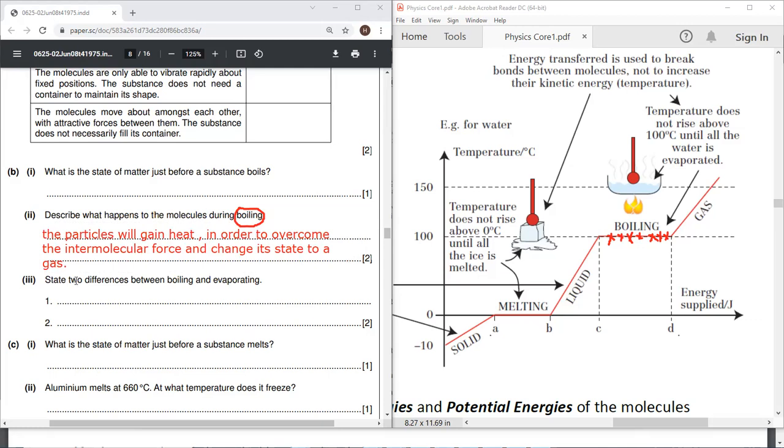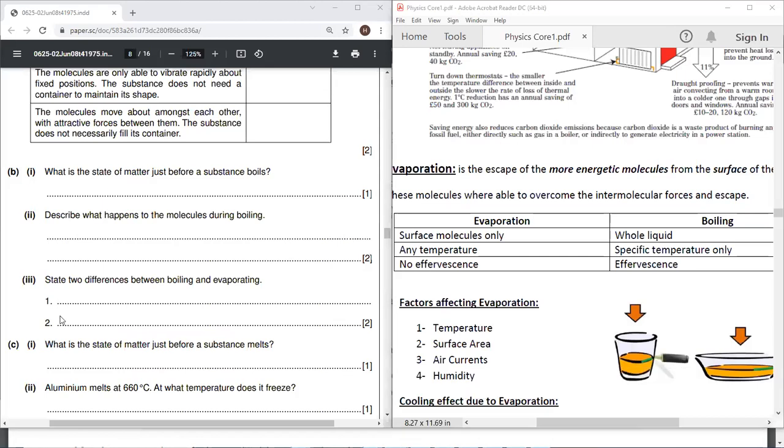Okay, let's move on to state the difference between boiling and evaporation. What's the difference between evaporation and boiling? First, evaporation happens only at the surface, the first layer, while boiling happens in the whole liquid.